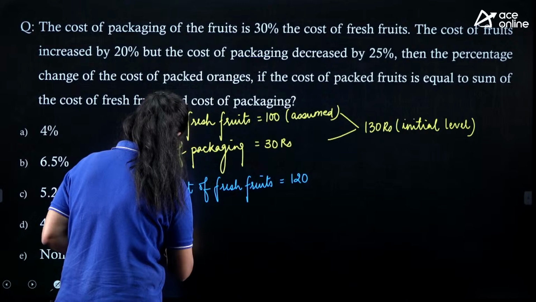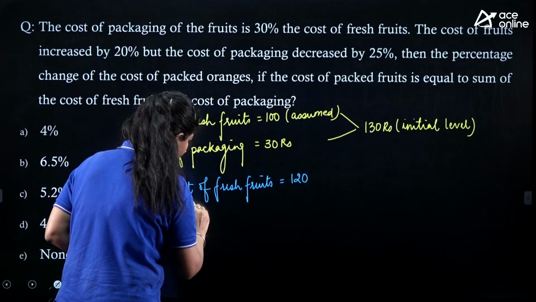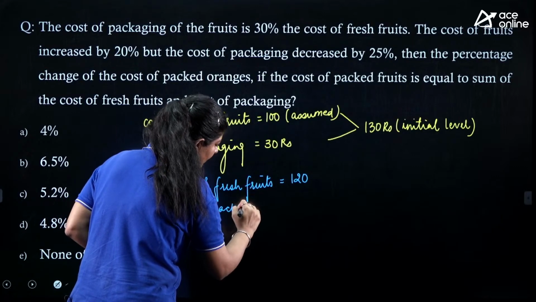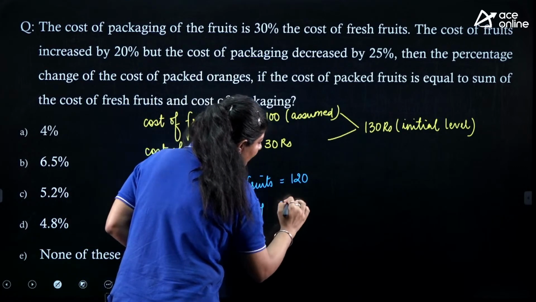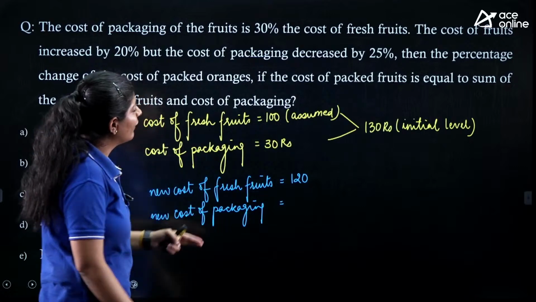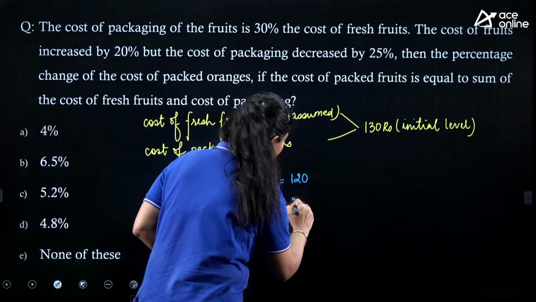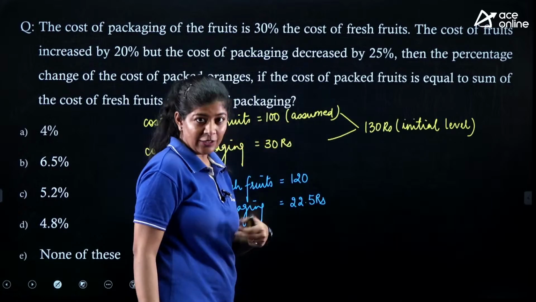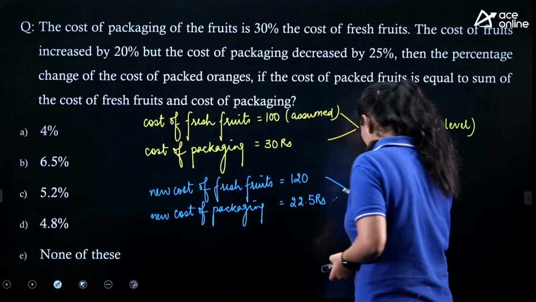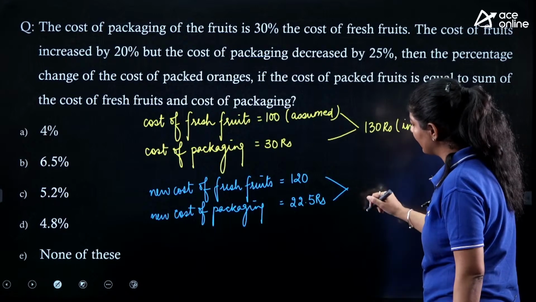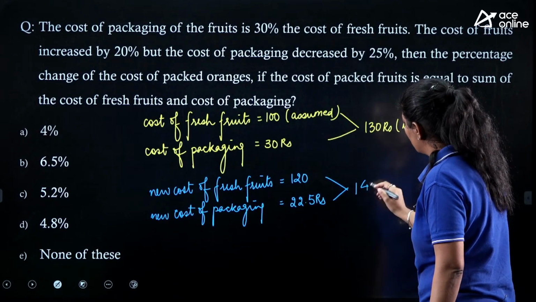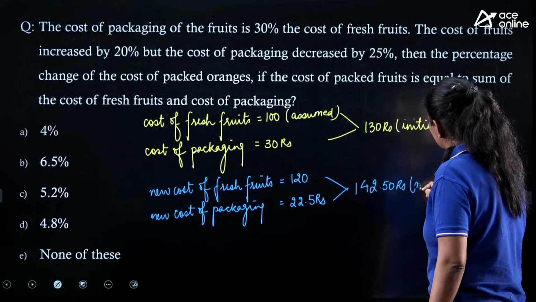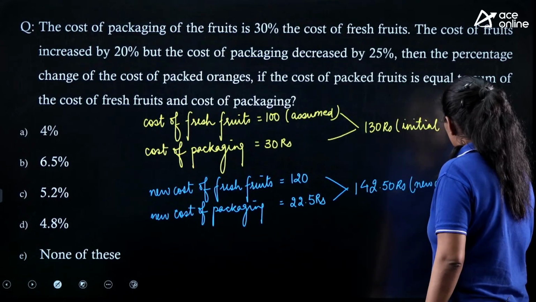So now the new cost of packaging will become 3 by 4 of this one, which is 22.5 rupees, right? Now the final cost that we need to pay is 142.50 rupees. This is the new amount that we need to pay, the new cost.